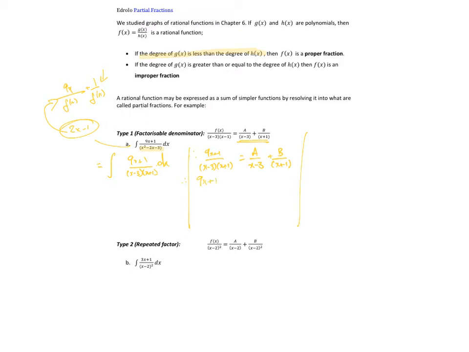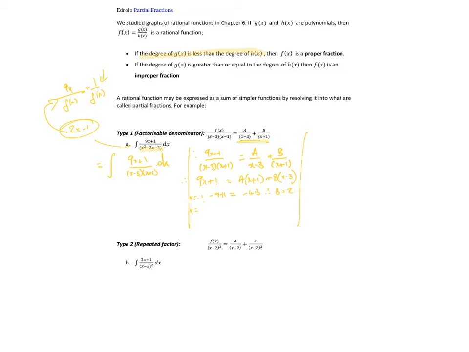We get 9x plus 1 is equal to a outside of x plus 1 plus b outside of x minus 3. If I put x equal to negative 1, I get negative 9 plus 1 is equal to negative 4b. So b is equal to negative 8 on negative 4, which is 2.